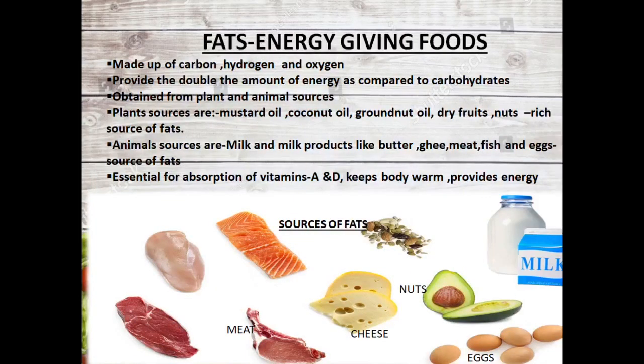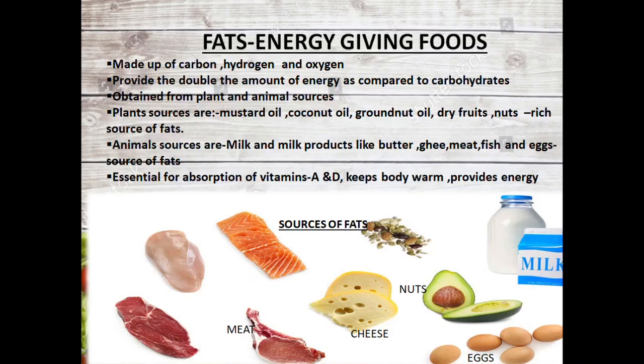Next is the fats, which are the energy giving foods. So basically students, fats carry more energy as compared to carbohydrate. Although both carbohydrate and fats provide energy, which one provides more energy? That is fats. Clear?